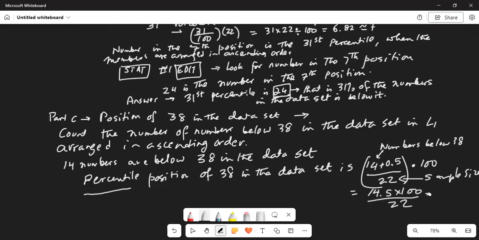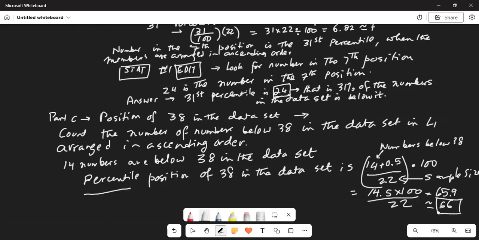Let's see how much it is. In your calculator, you calculate 14.5 multiplied by 100 divided by 22, which is 65.9, rounded to 66.